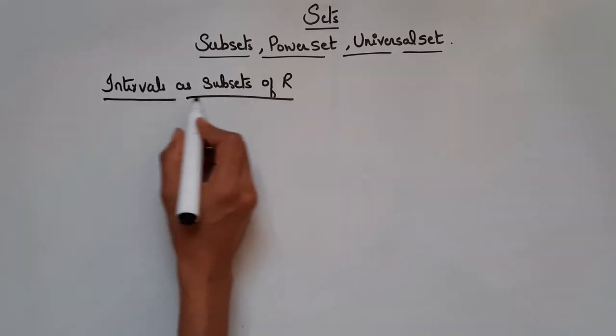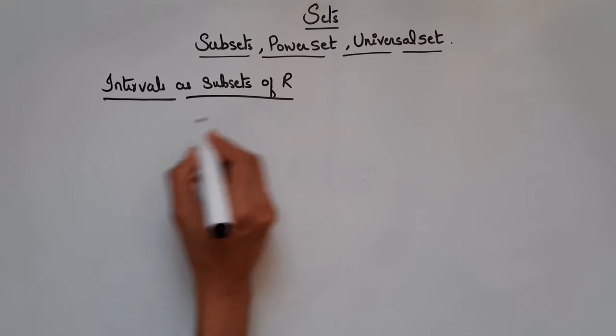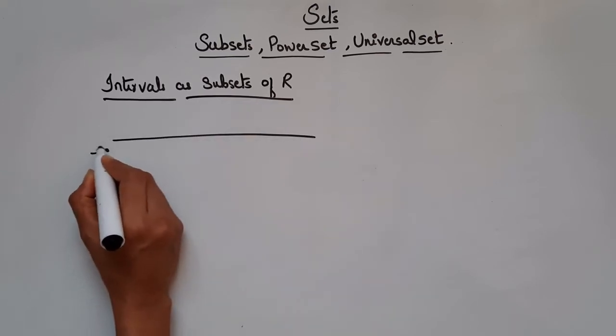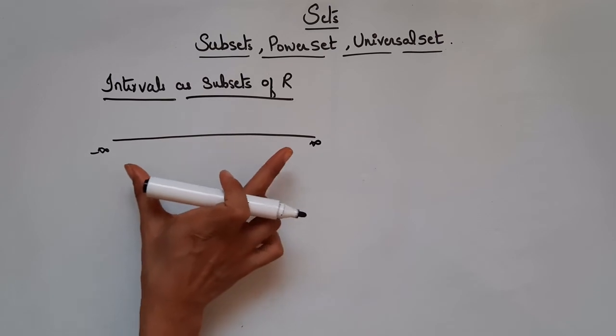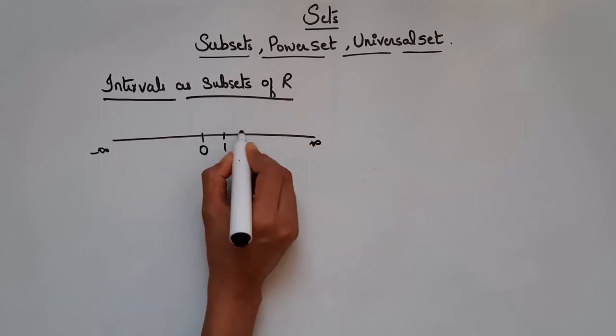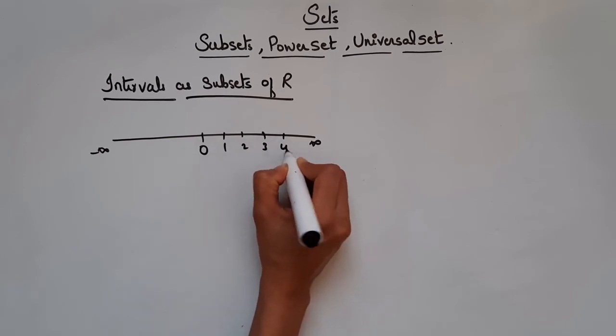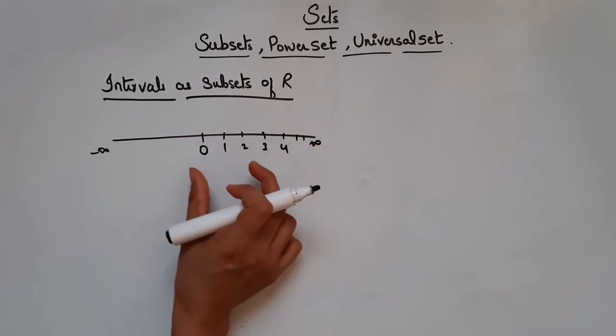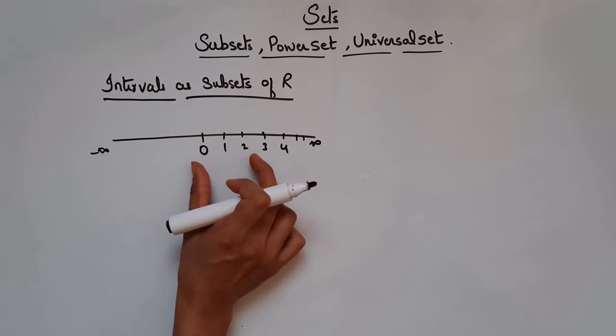Now let's see intervals as subsets of R. We know a number line. So we have from minus infinity to infinity. All the numbers on the number line are real numbers. So any part on this number line, let's say 1, 2, 3, 4 and so on. Let's take any part from 0 to 3.